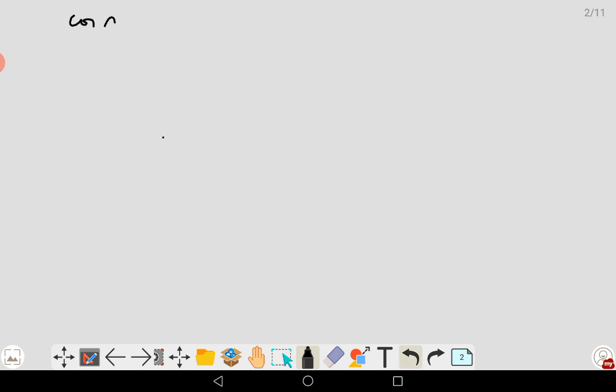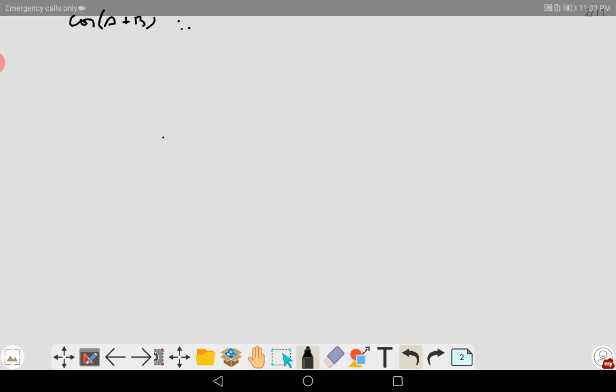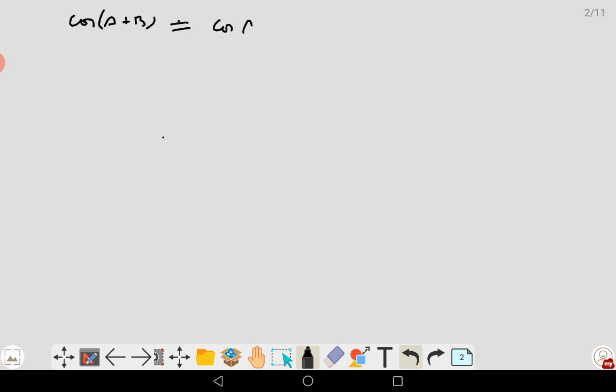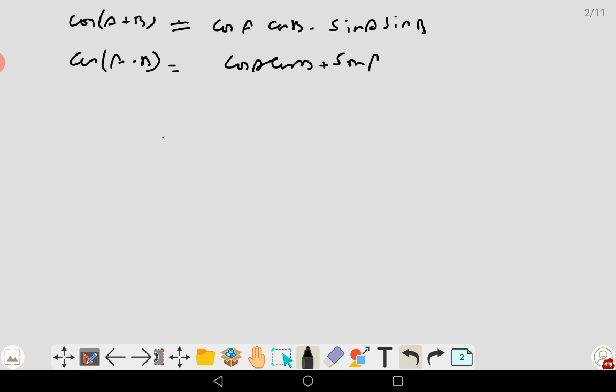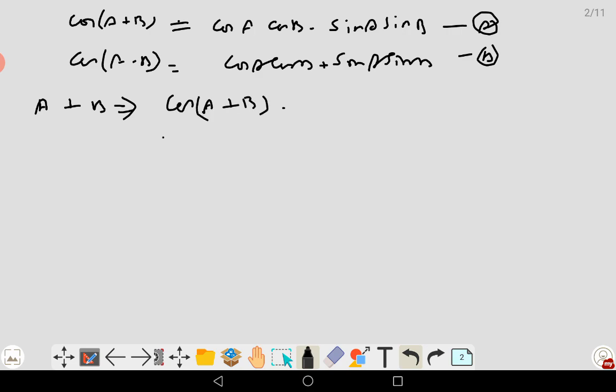We know that cosine a plus b is equal to cosine a cosine b minus sine a sine b. Cosine a minus b is equal to cosine a cosine b plus sine a sine b. This is a and this is b, we have to add. Now the left hand side gives cosine a plus b plus cosine a minus b.